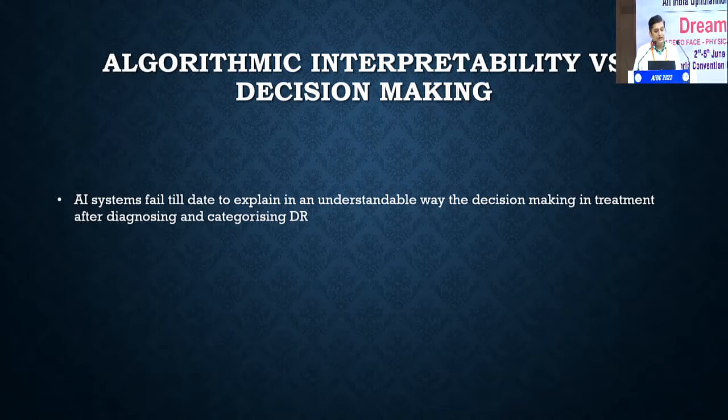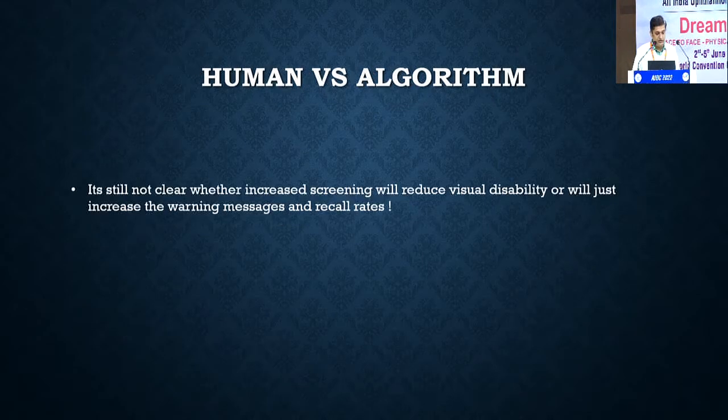AI systems fail till date to explain the decision making in an understandable way. If you have detected moderate, if you have detected referable VTDR, now what? There is nothing in AI to give you the answer of now what. So the decision making in AI is still very much deficient.